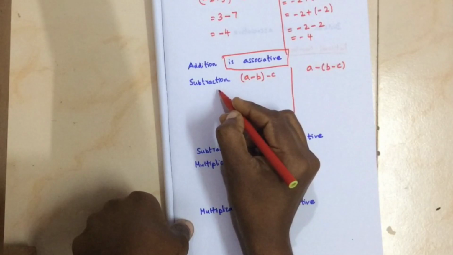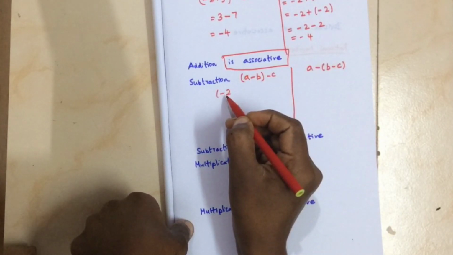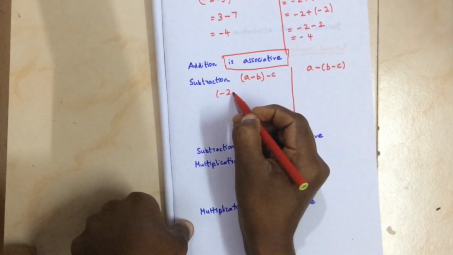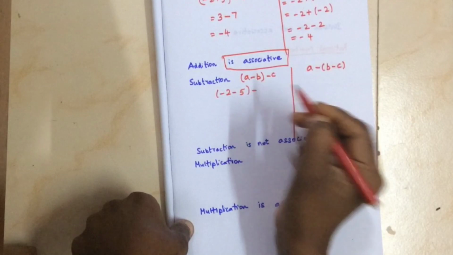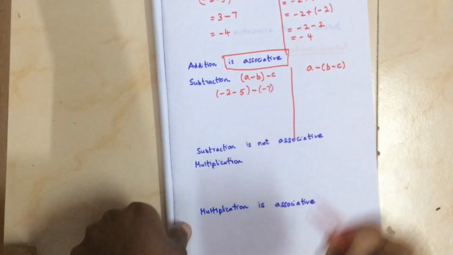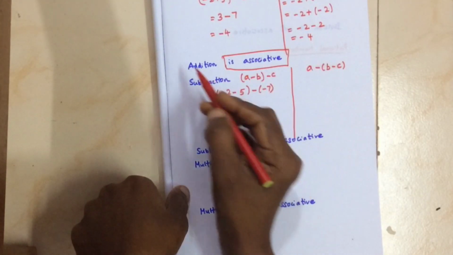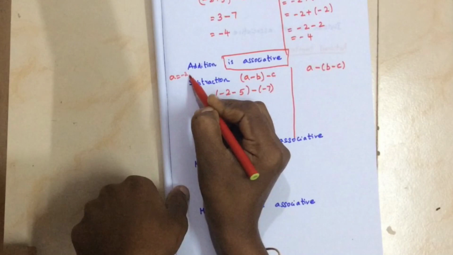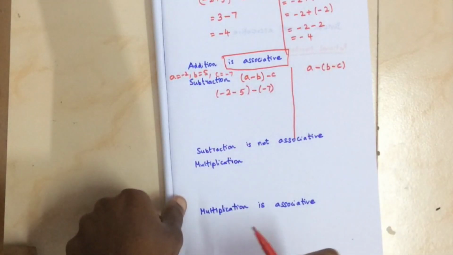So minus 2, instead of A I am substituting minus 2. This minus comes from here, minus, and B is 5. Minus, this minus comes from here, and C is minus 7. So A is minus 2, B is 5 and C is minus 7.